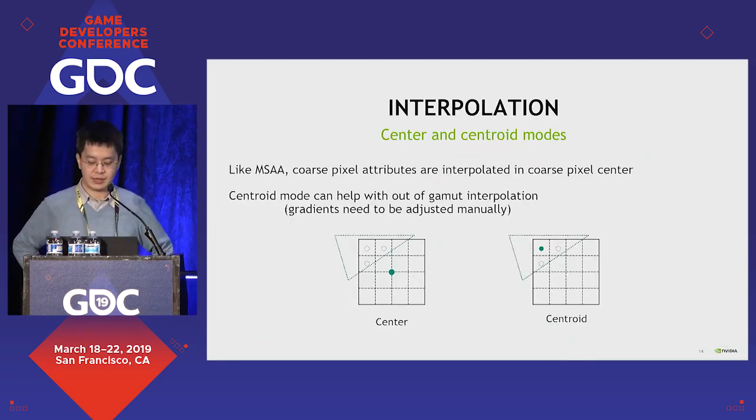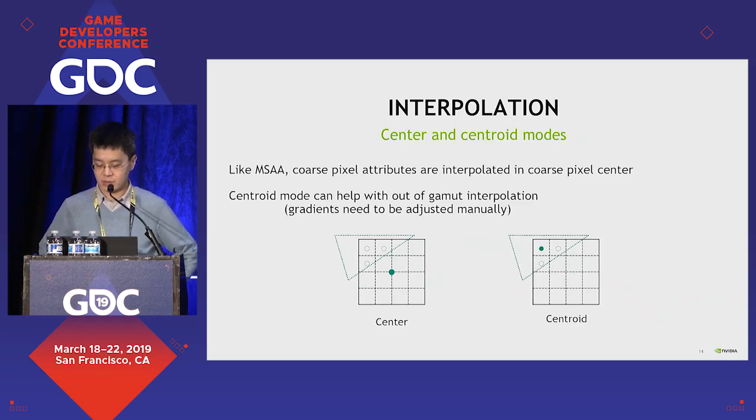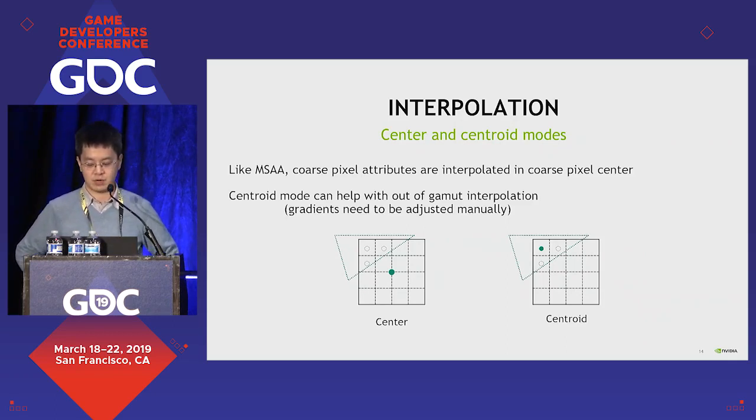And also, like MSAA, coarse pixel attributes are interpolated at the pixel center. So it is possible that you can shade outside the primitive. It's usually not a problem, but if it is, you can add a centroid modifier to any attribute, and it will be evaluated at the centroid of the covered samples.